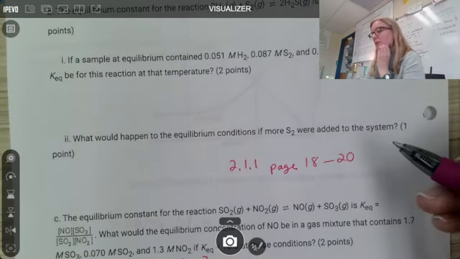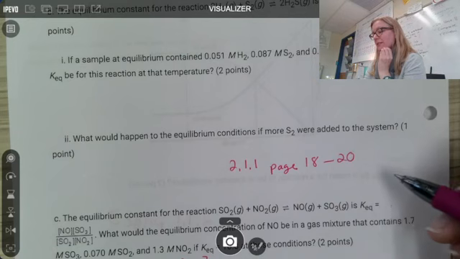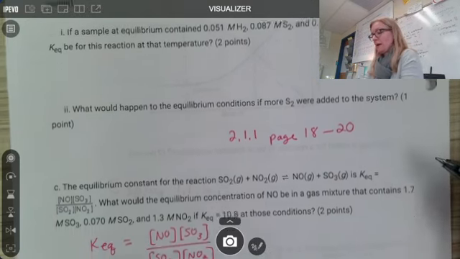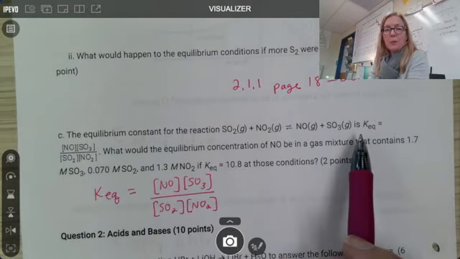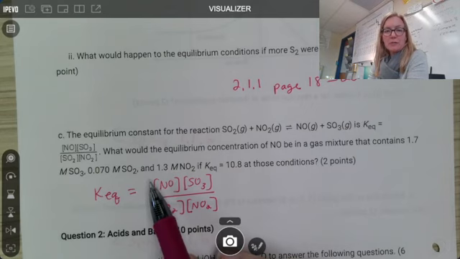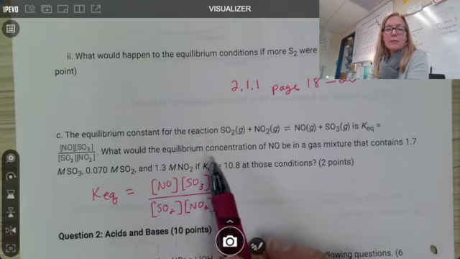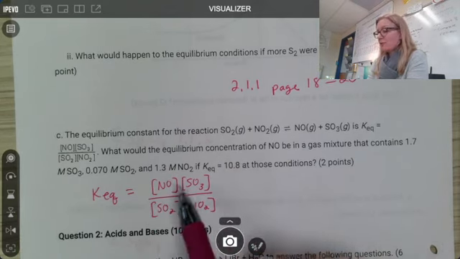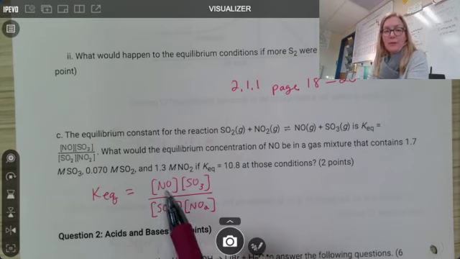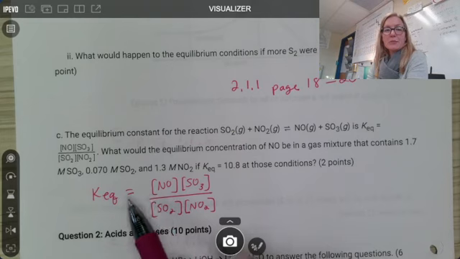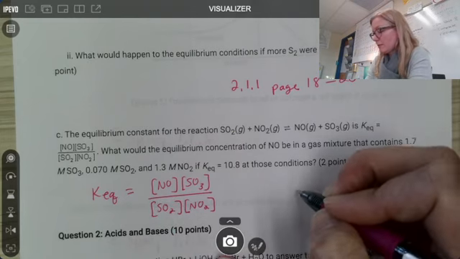And then part 2 is on 2.1.1, page 18 to 20. And then part C, once again, they gave you the equation and the equilibrium constant expression. And they're asking what would be the equilibrium concentration of NO. So they're asking you to solve for the concentration of NO in a gas mixture that contains 1.7 molar SO3.